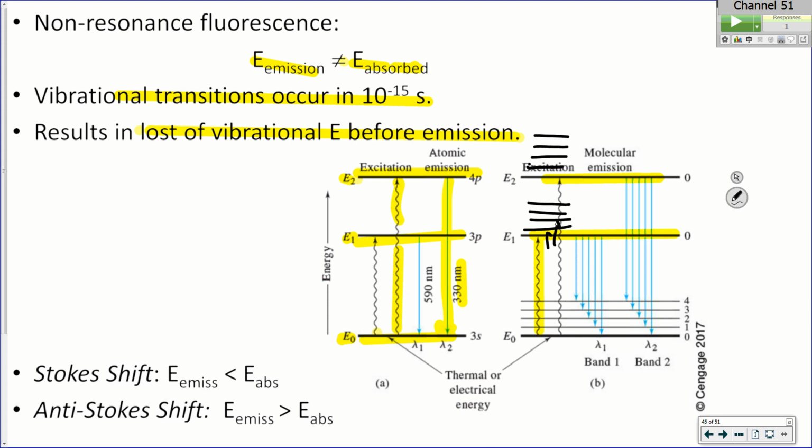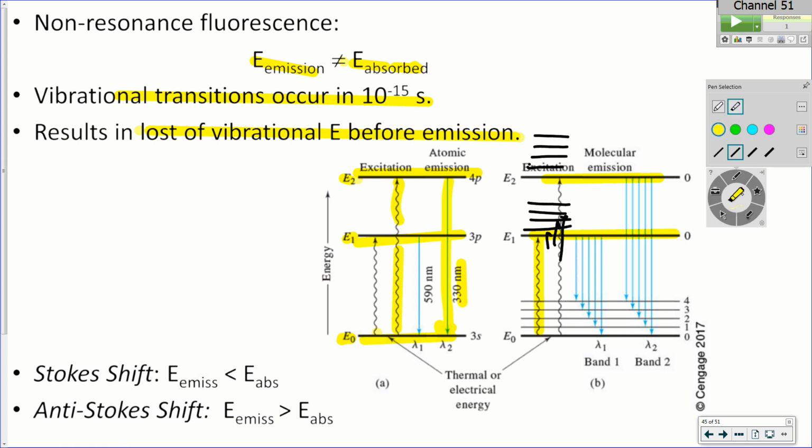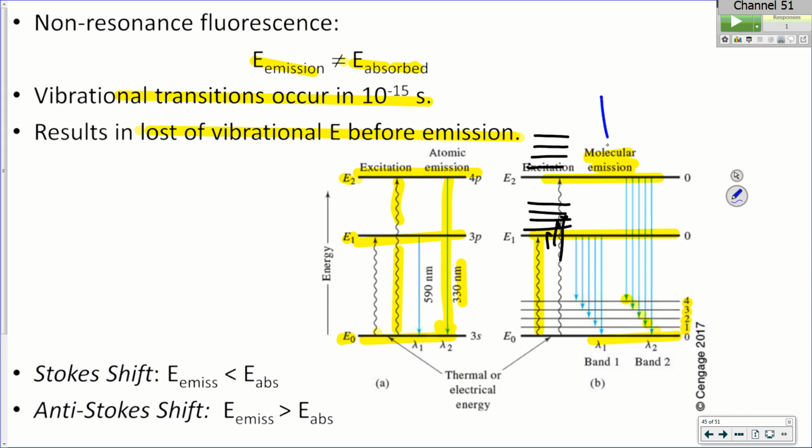All right, so it's not just limited to that one. But when it falls back down, you've got the same thing. It can fall back down to the electronic ground state and vibrational ground state, but it could be in any one of these other excited states as well. So with molecular species, even when you're doing emission, you get a broad spectrum. Okay, so continuums.